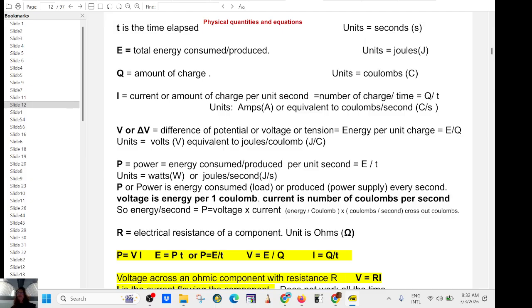And then this here, it should always have a delta because it means a drop, a change. Okay, so voltage, remember, could be a conceptual equation. The voltage is the potential energy per coulomb.